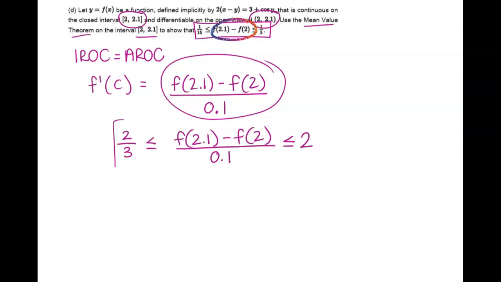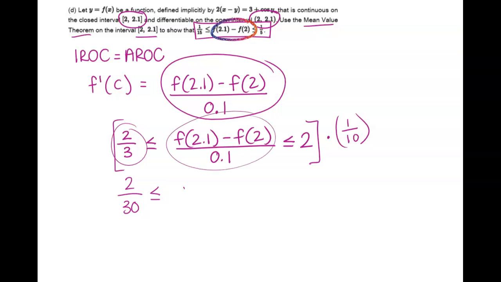So now let's multiply the whole thing. I'm not going to do 0.1 because I see a fraction over here and our answer's in fractions. I'm going to multiply by 1/10 instead, which is obviously equivalent to 0.1. So 2/3 times 1/10 is 2 over 30, less than or equal to.